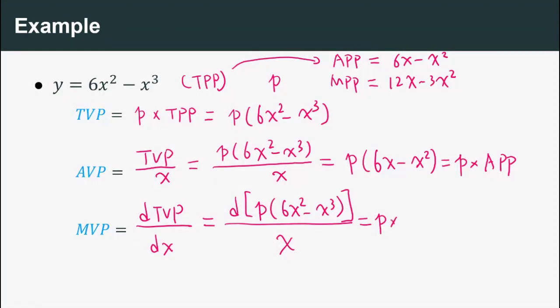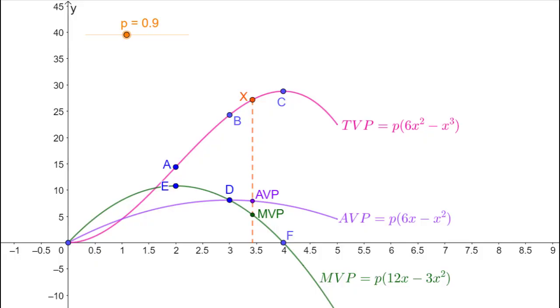You can find out that this is your MVP, which is just P times MPP, and that's your VMP. So we derived TVP, AVP, and MVP as functions of TPP, APP, and MPP.